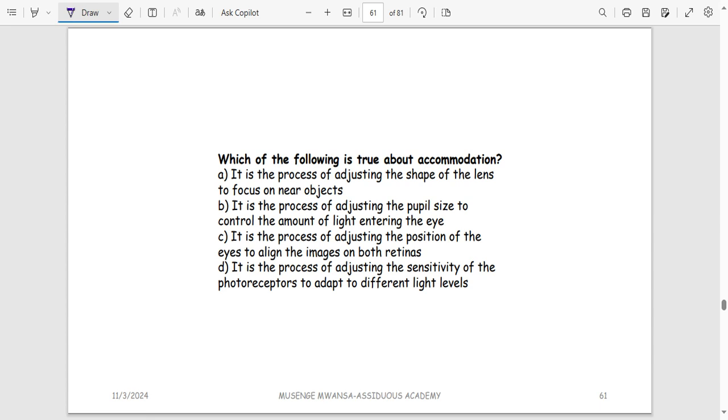It is a process of adjusting the sensitivity of the photoreceptors to adapt to different light levels. There is A. We all go for A. Okay.